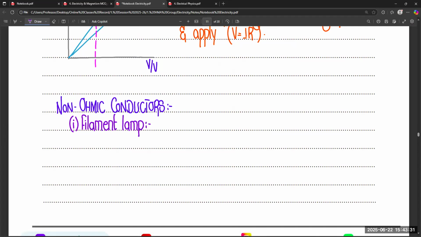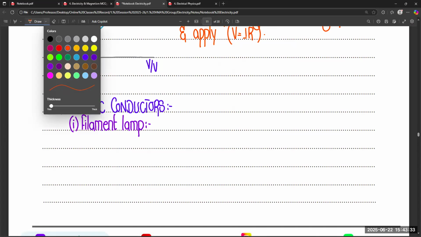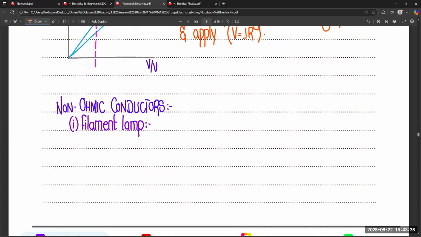So basically the filament lamp is like the orange bulb that we used before energy savers. In the orange bulb, if you remember, the temperature was very high because it increased its temperature. And when the temperature increases, the material in that bulb starts to glow, and that glow gives you light energy. So that is the working of a filament lamp.